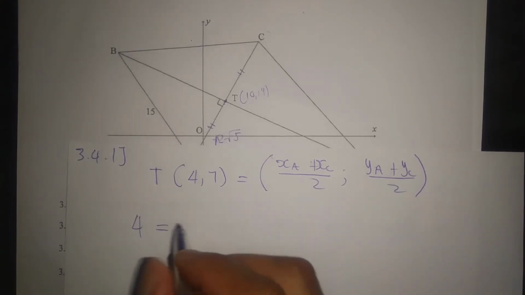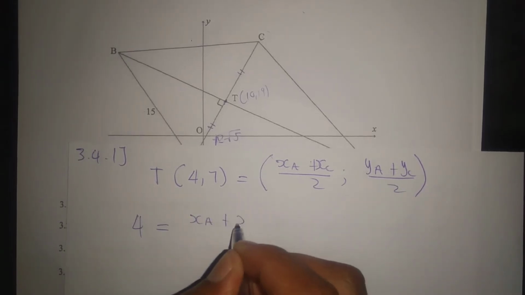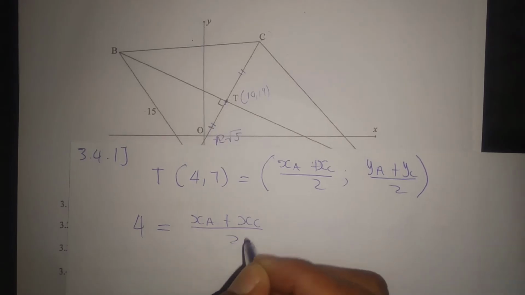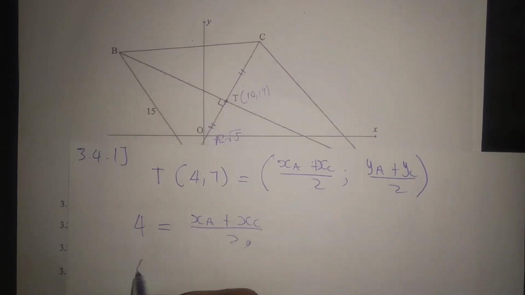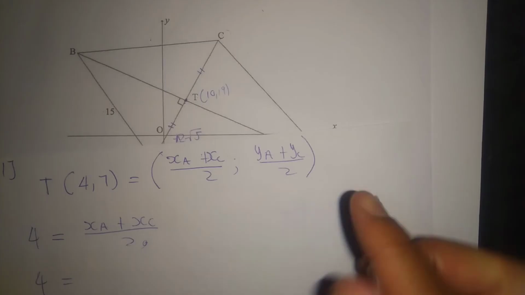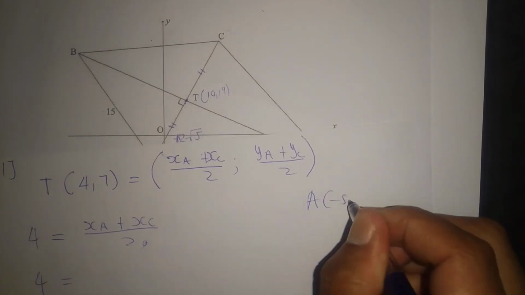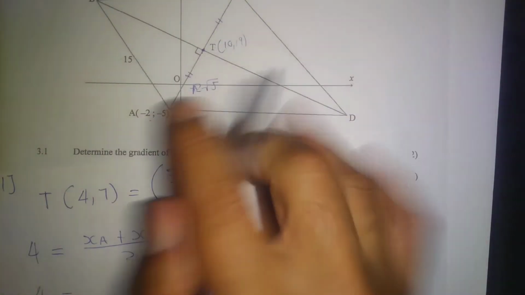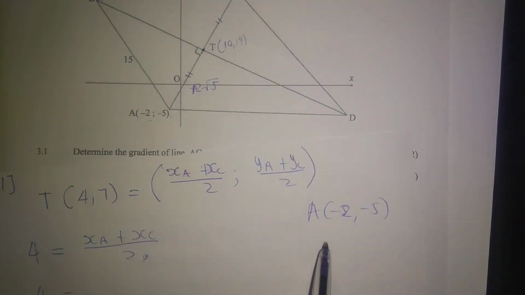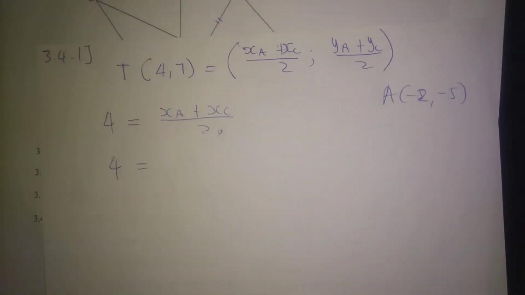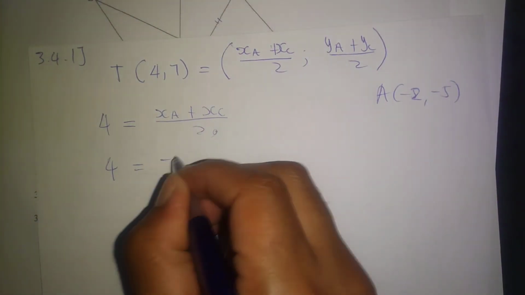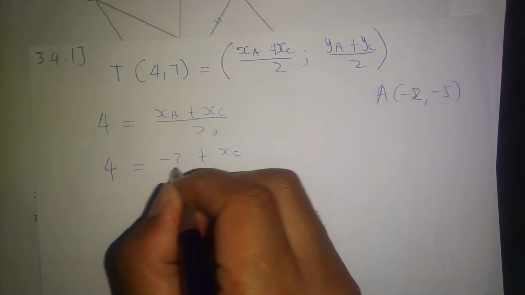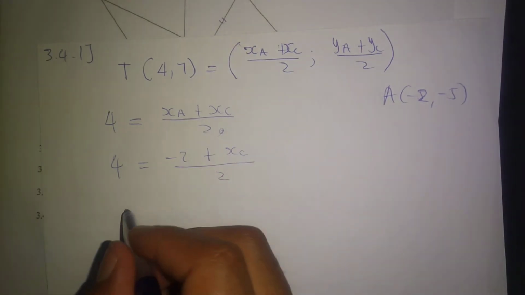So therefore 4 is equal to XA plus XC divided by 2. So I substitute the coordinates of A now. It's minus 2 and minus 5. My coordinates of A are minus 2 and minus 5. So 4 equals minus 2 plus XC divided by 2.